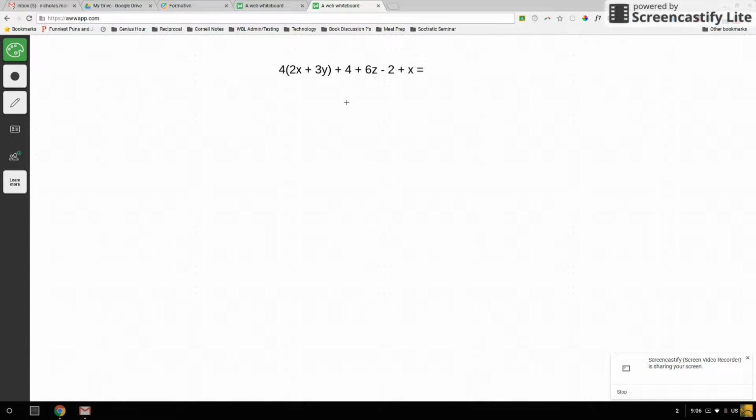So what I have to do here is, once again, underline with some different colors my different variables. So I see I have x's. I have an x here at the end. I'm going to use a different color. I see y right here. No other y's. I see just a plain number there, without a variable.